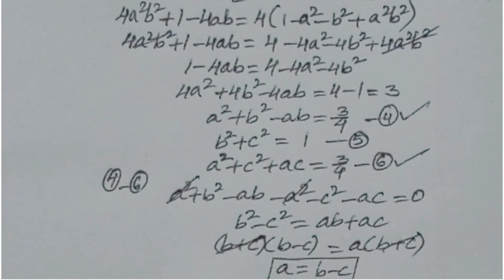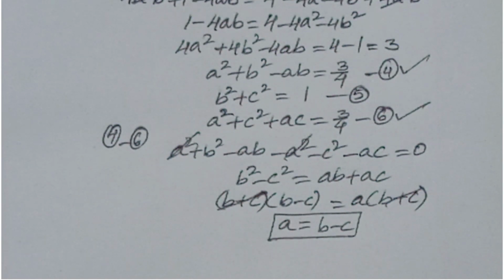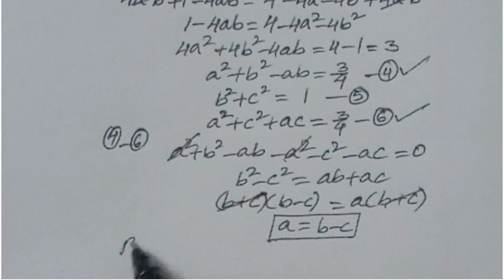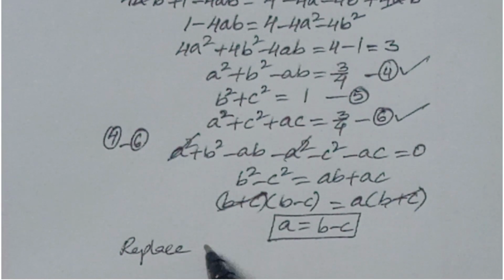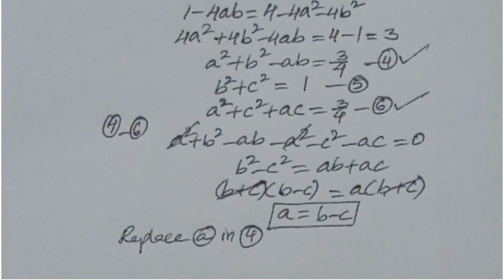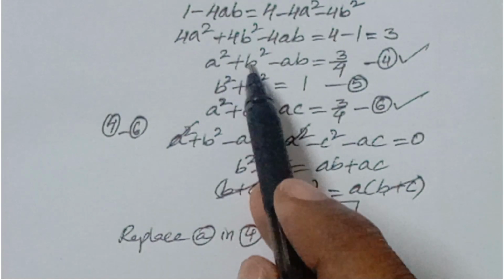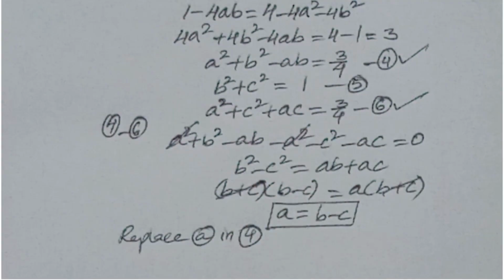a value is equal to b minus c. Okay, now replace this a value. Replace a in 4. What is 4 here? a square plus b square minus ab is 3 by 4.